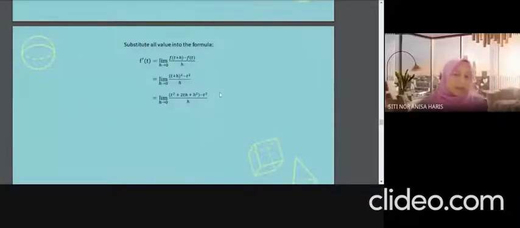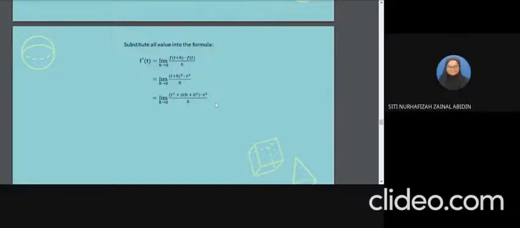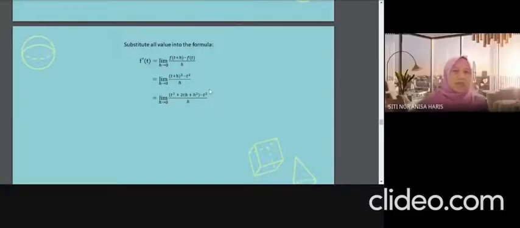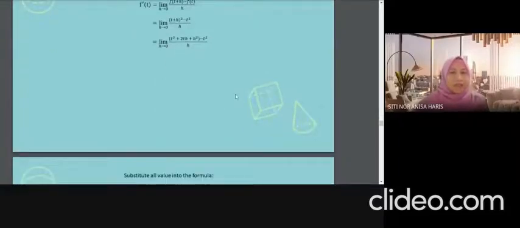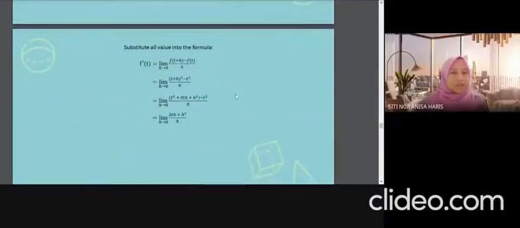Let's solve this problem. What we can do is, we have t squared, right? And we have minus t squared. So when t squared minus t squared, we will get 0. When we cancel out, we will get 2th plus h squared over h.